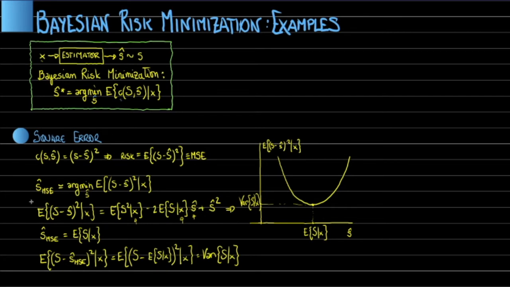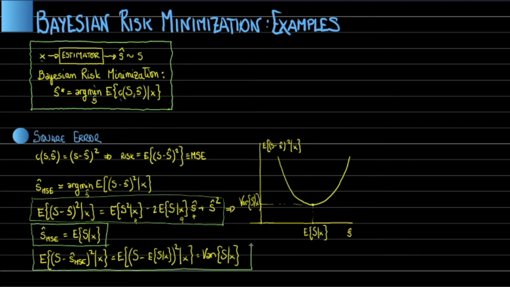So these are the three main equations in this solution. We have got a formula for the conditional risk in the case of the square error, we have got an expression for the minimum, and we have got an expression for the minimum possible risk.